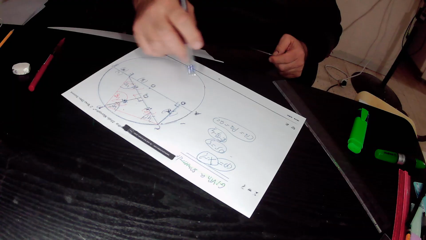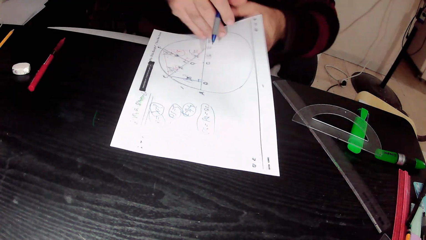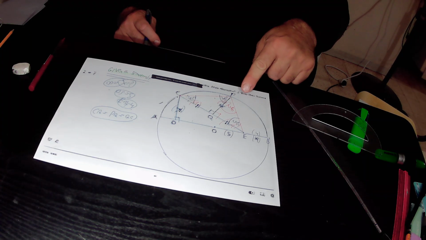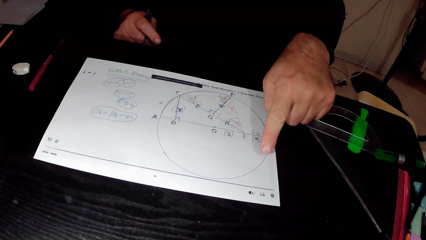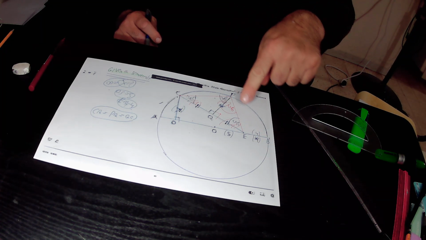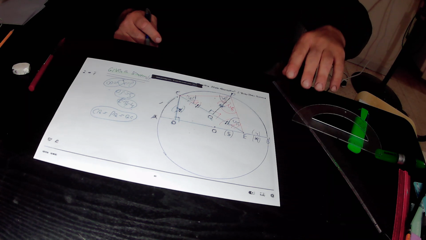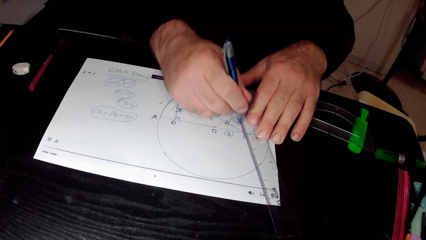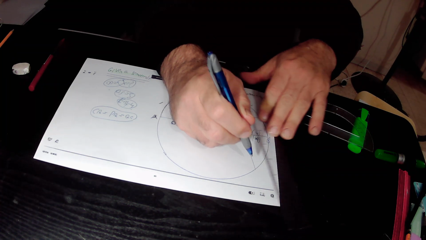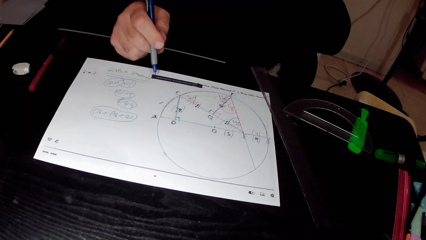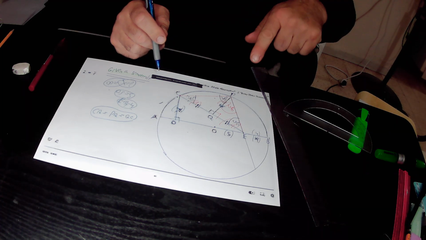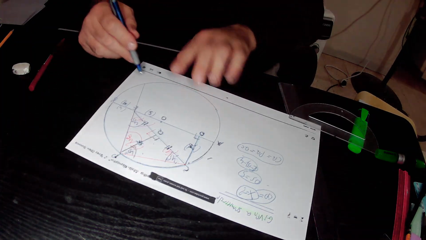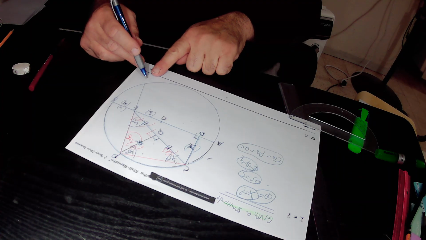So we will extend side PE by a straight line until it touches the circle. And we will define the touching point of the extended side PE with this circle. This point is point N.